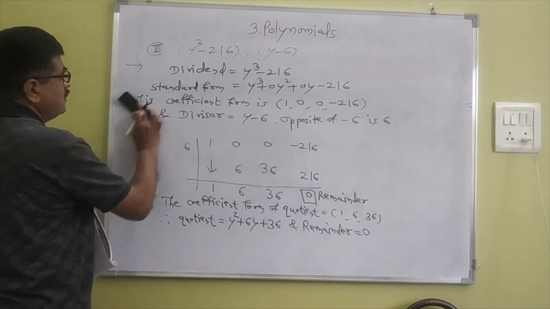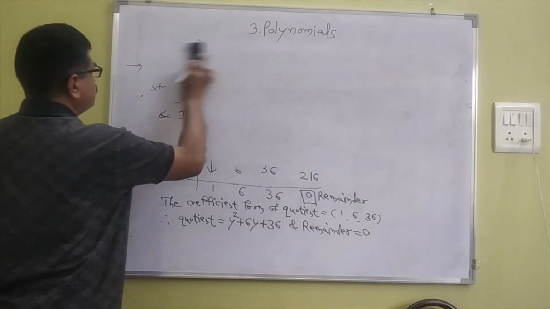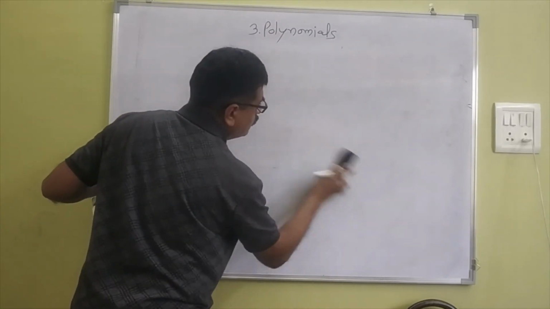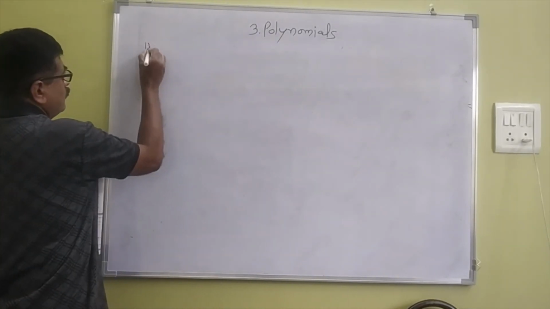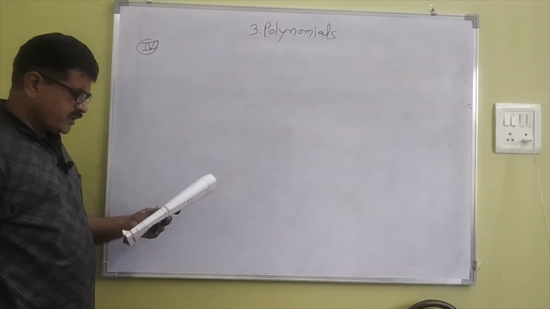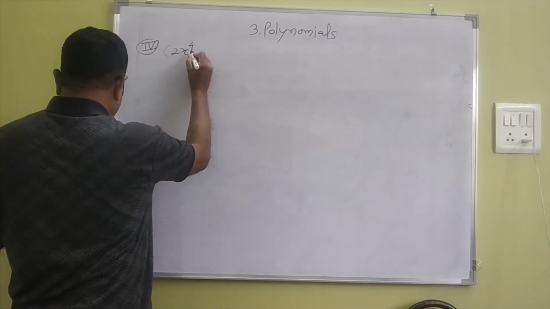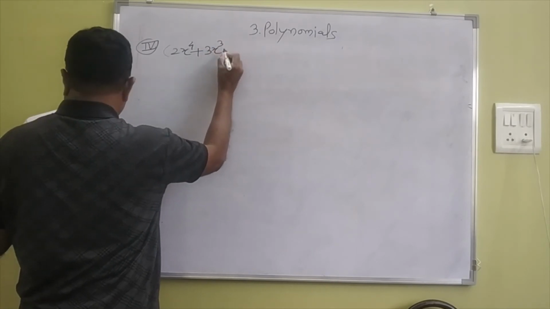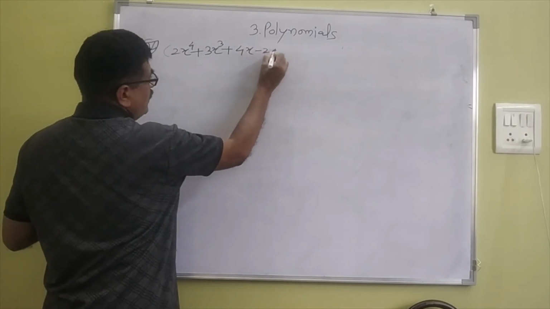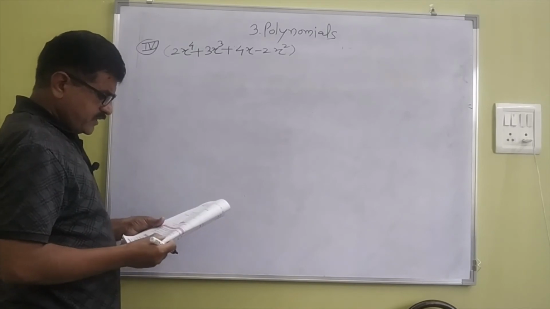Write down question number 4. Question number 4. 2x to the power 4 plus 3x cube plus 4x minus 2x square, divide by x plus 3.